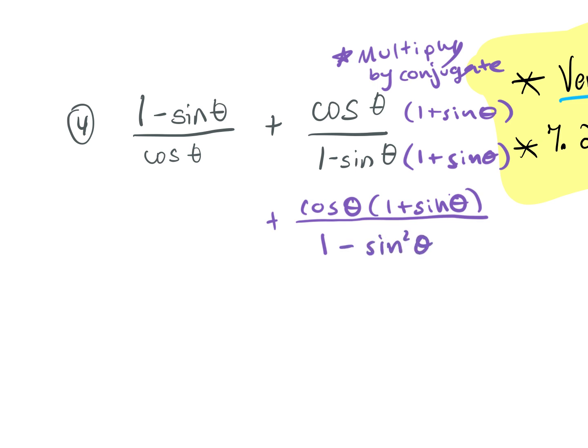You'll see the outer and the inner cancel. Well, what's 1 minus sine squared? Cosine squared. So I'm going to change the 1 minus sine squared to be cosine squared.